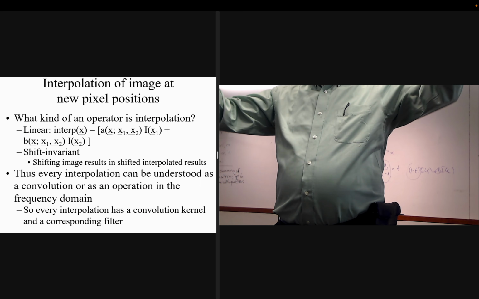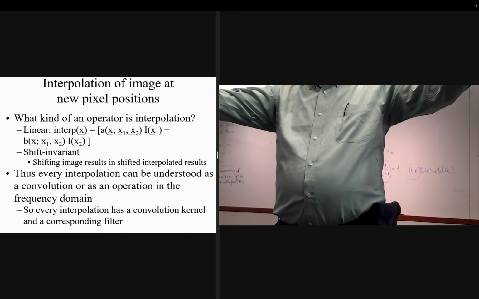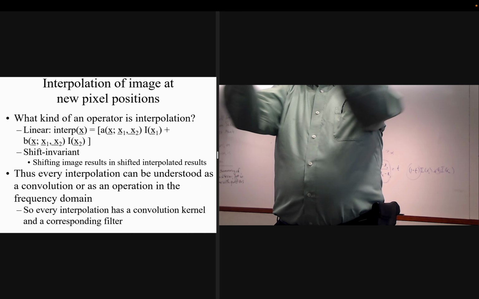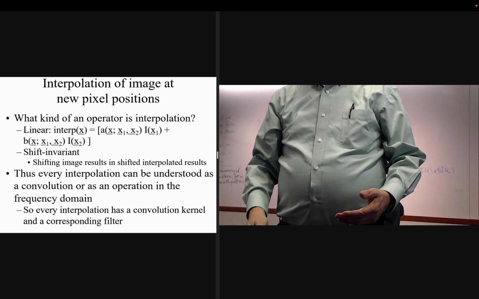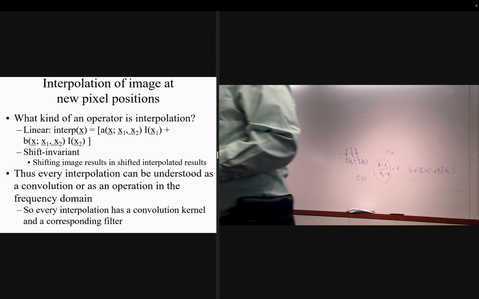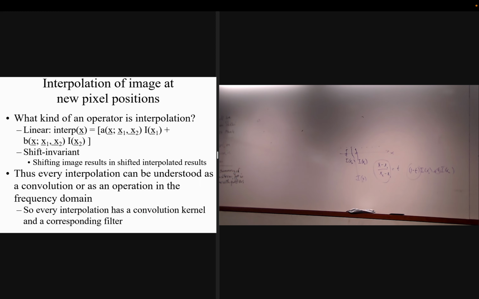Okay, so in other words, it needs to pass through addition and scalar multiplication, right? If you add two images and then interpolate, you get the same result as if you interpolate each and then add.